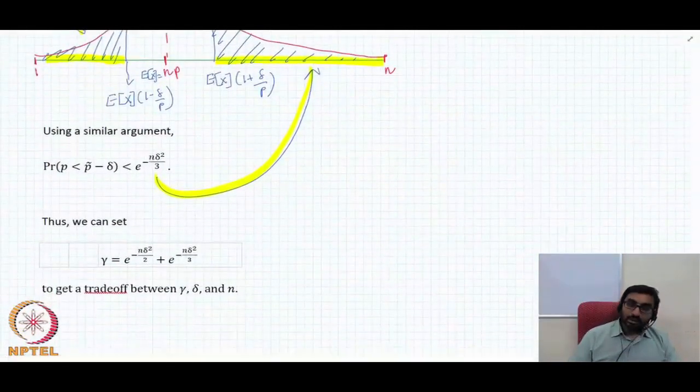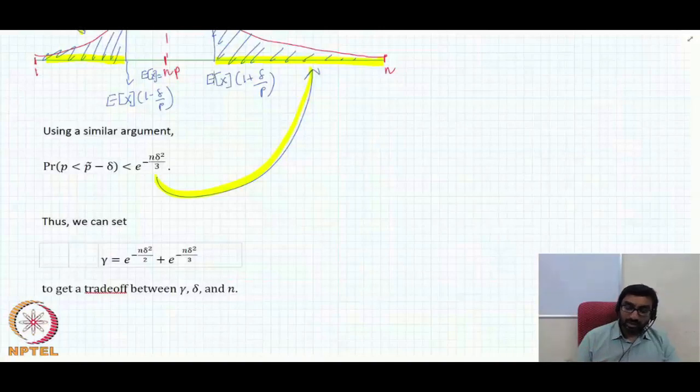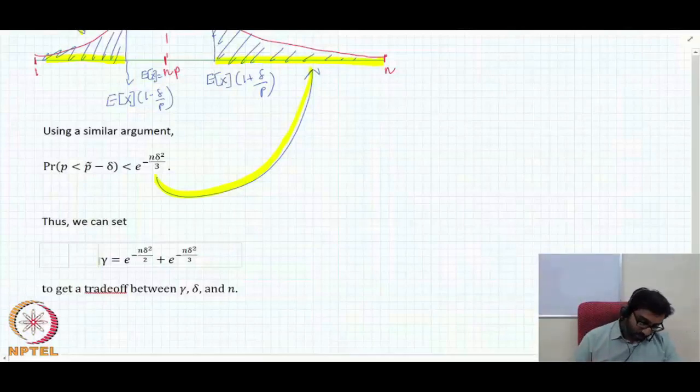So finally, we have two bad events. We need to get an upper bound on the probability of the union of those two bad events. So we simply apply the union bound, and the upper bound on the probability of those two bad events should be at most gamma.